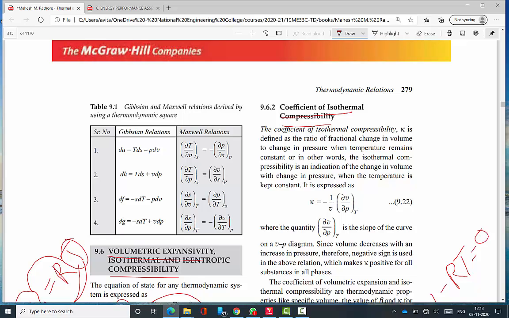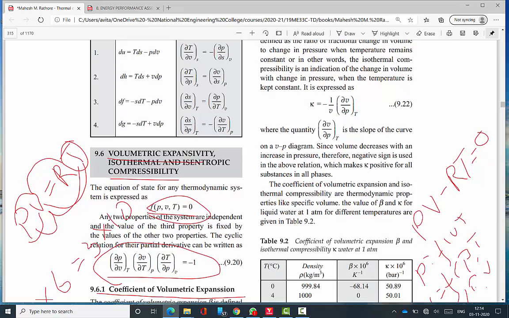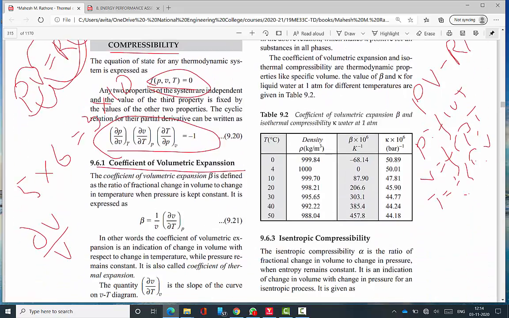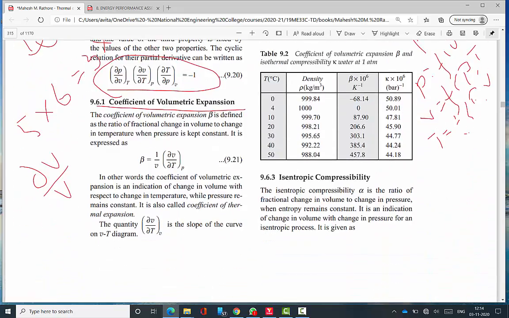Volumetric expansion is fractional change in volume with respect to temperature at constant pressure, while here the fractional change in volume is with respect to pressure at constant temperature. This is called the coefficient of isothermal compressibility. K is its symbol, and the final one is isentropic compressibility.